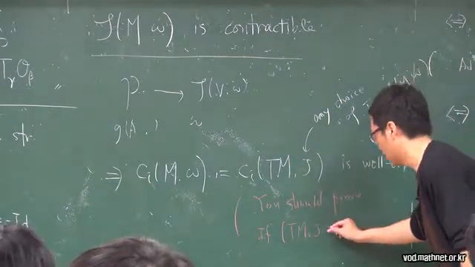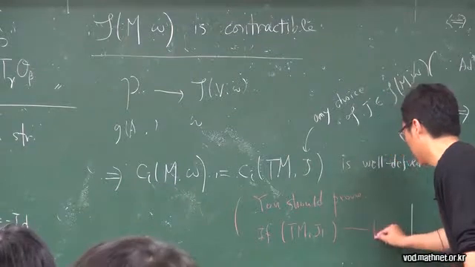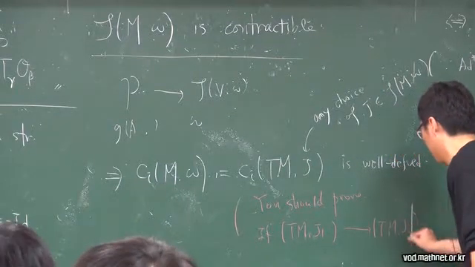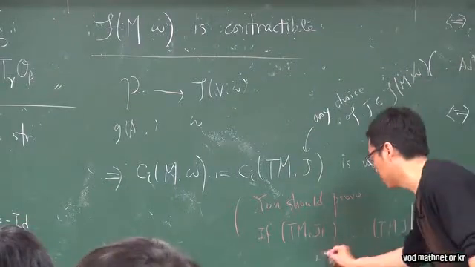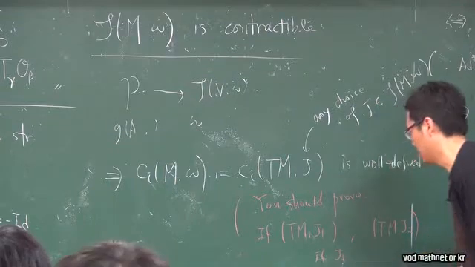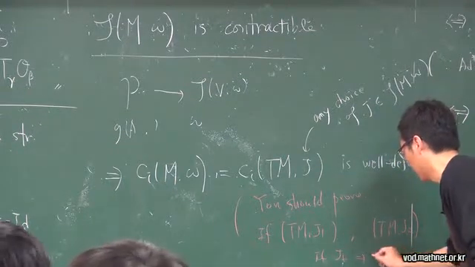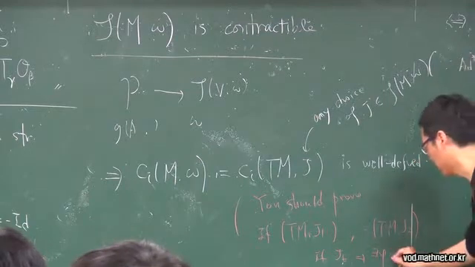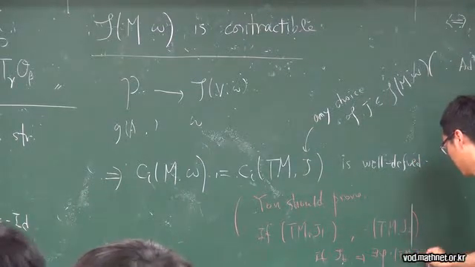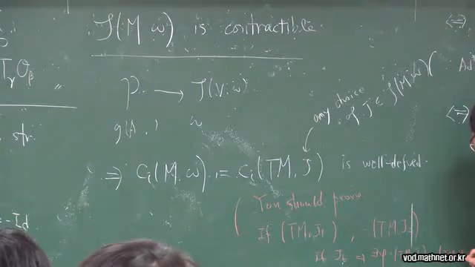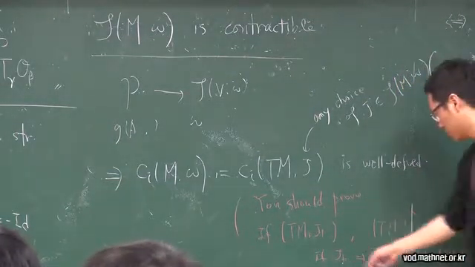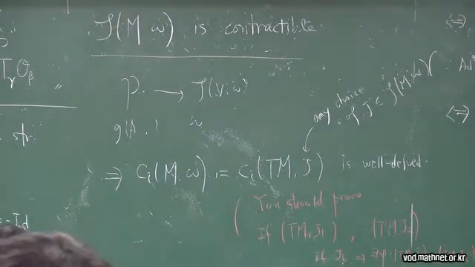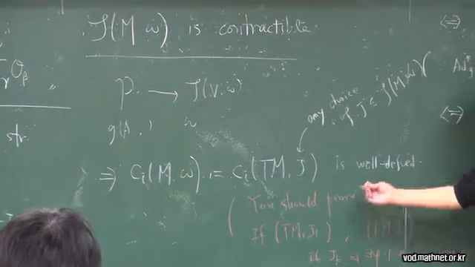If (TM, J1) and (TM, J2) are two complex vector bundles with the same underlying space, and there is a path J_t, then there is an isomorphism from (TM, J1) to (TM, J2). You can just think of M as a point so that we can regard this in the vector space case, and then you lift the proof to the general manifold case.